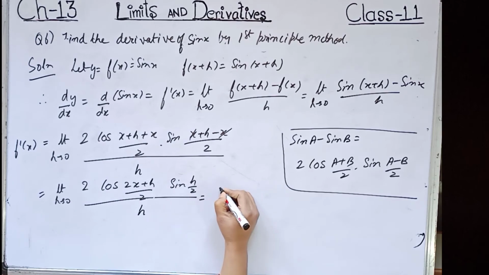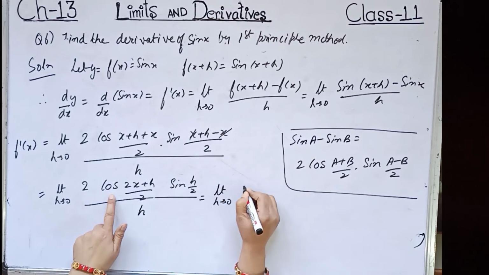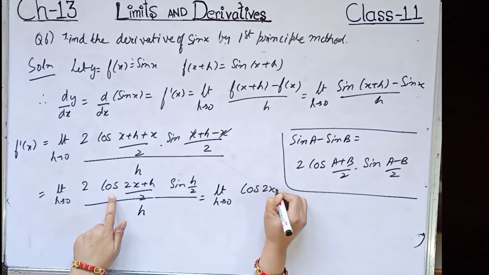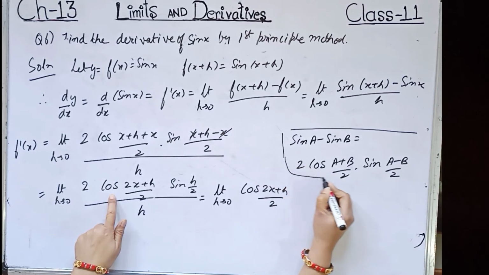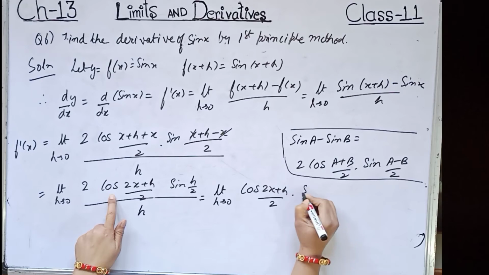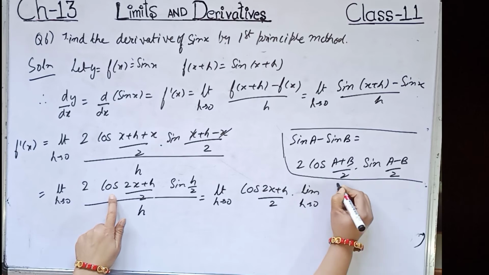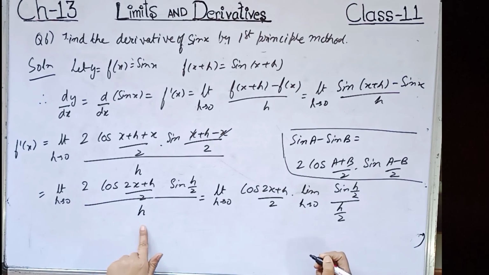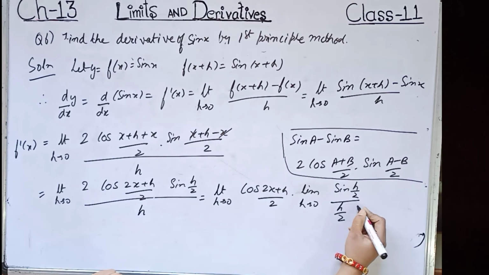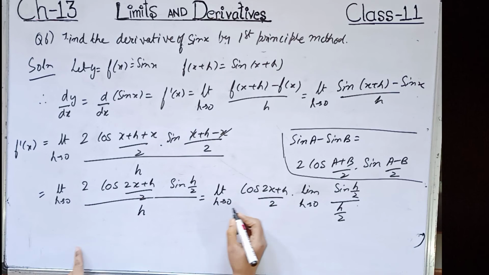So let us set in that form: equals limit h tending to 0, cos of 2x plus h by 2, into limit h tending to 0, sin of h by 2 divided by h by 2. This 2 I have brought in the denominator; obviously this 2 will be cancelled with this 2. So just I have divided over here.